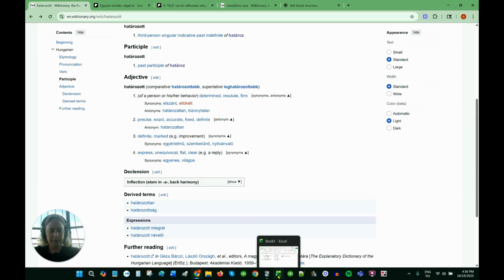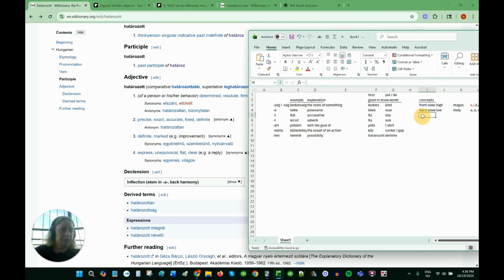So I like these concepts. The concept of definite and indefinite. And here, having the definite version can also be called object related. So it's related to the object. It's really looking at what kind of object it is related to.